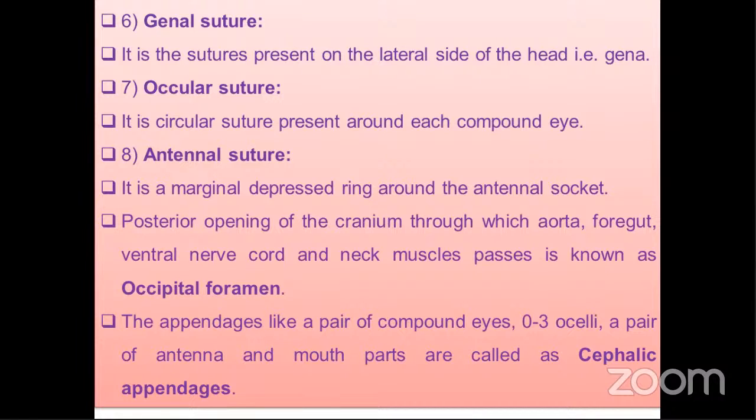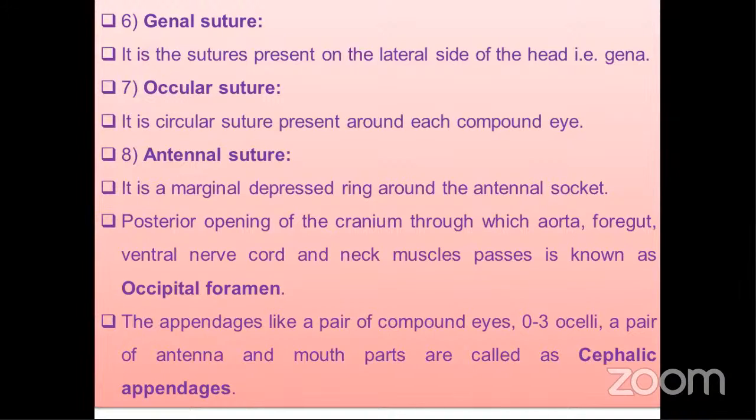The occipital foramen is the posterior opening of the cranium, at the post-occipital suture, through which the aorta of the circulatory system, the foregut of the digestive system, and the ventral nerve cord of the nervous system pass, along with neck muscles. We call this the occipital foramen.